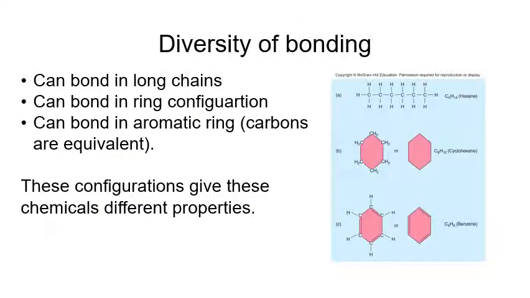So let's look at the diversity in the bonding that can take place in carbon. You can see over here, hexane, cyclohexane, benzene, they all are 6-carbon molecules. Okay, they all have 6 carbons. The difference is the amount of hydrogen and the bonding that's taking place.